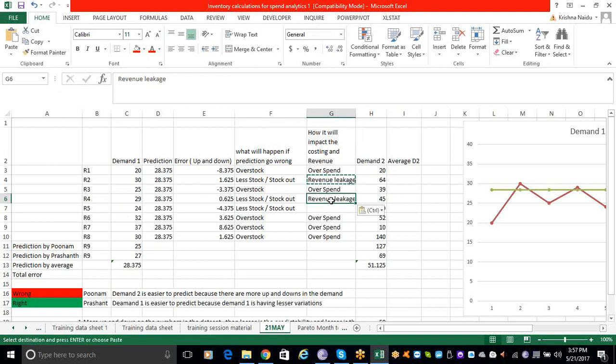And we said R5 overstock. R5 is overstock, yes. And then similarly, R32, this is again overstock, right? 32 and prediction is 28. This is less stock.